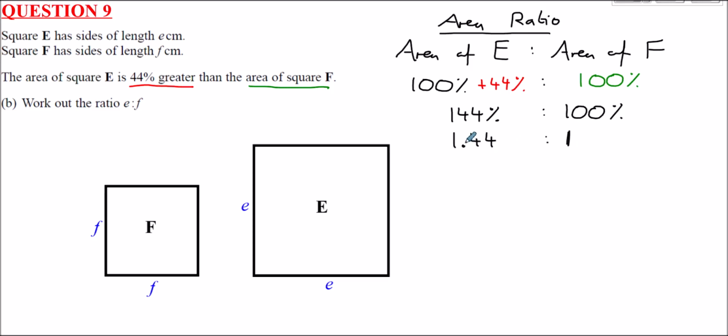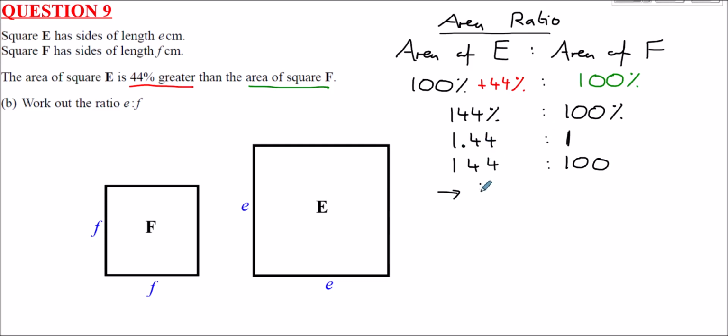So that's the ratio of E to F as an area. I'm just going to put in brackets here actually, but in terms of numbers, if these numbers were whole numbers, we could write this as 144 to 100. Essentially the percentages without the need for the percentage sign being there. Okay, so just multiplying both sides by 100.